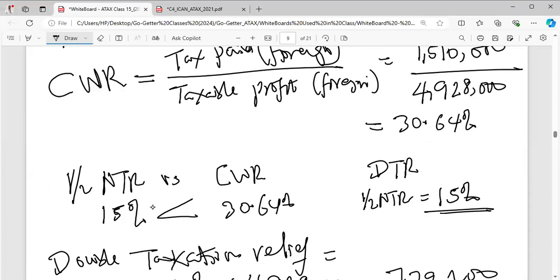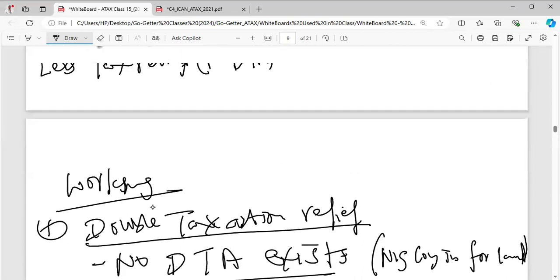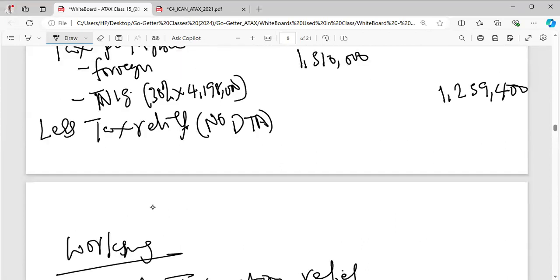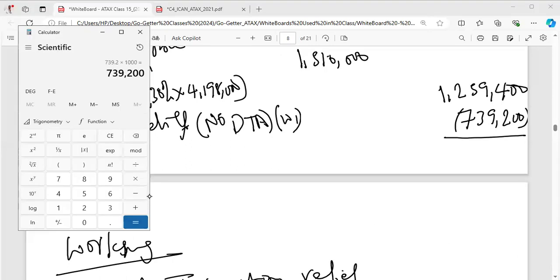We'll now take it down here. 739,200, this is from workings 1. Let's remove this from 1,259,400. That will give me 520,200.